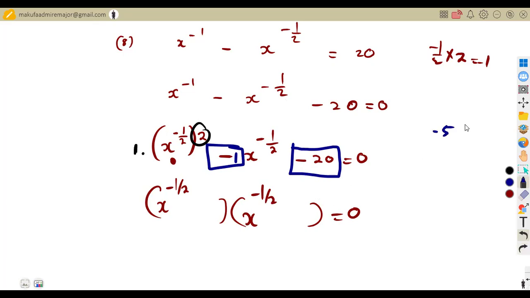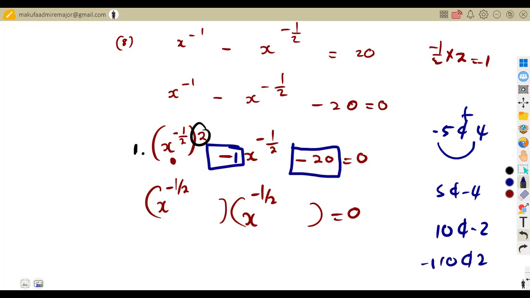So there is -5 and a 4. If you multiply this, you get a -20. If you add, you get a -1. There are so many factors: 5 and -4, 10 and -2, -10 and positive. All these ones, they are factors of -20, but you won't get a -1 if you add. It's only at -5 and at a +4.